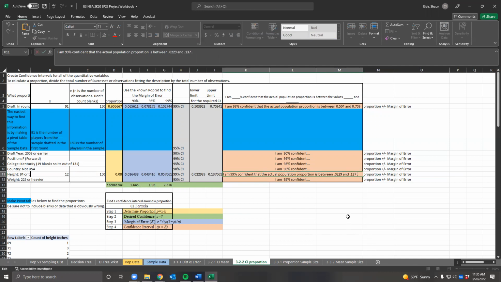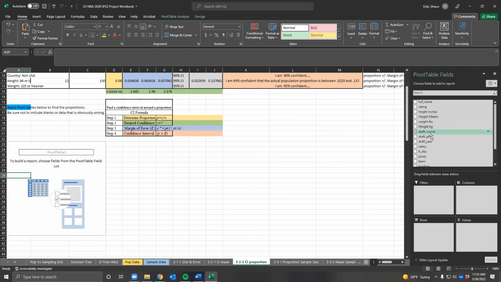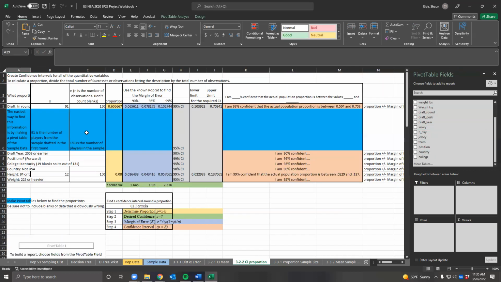Okay, and so that's how you would go about doing that. And then right here, you would go into the next one, and then you'd get rid of height, and then just change it to whatever the next one is.